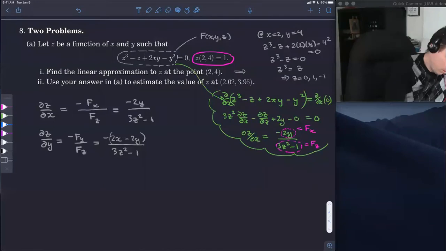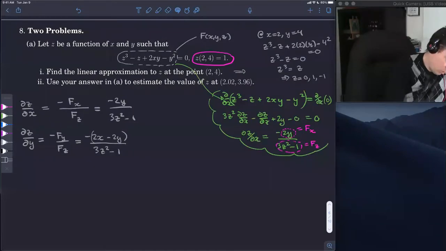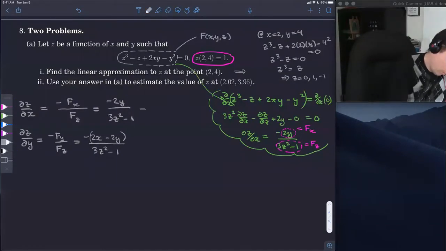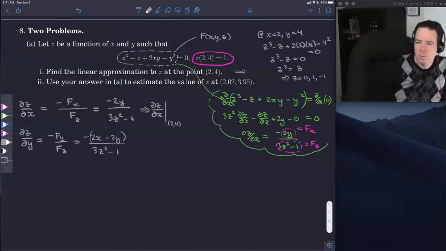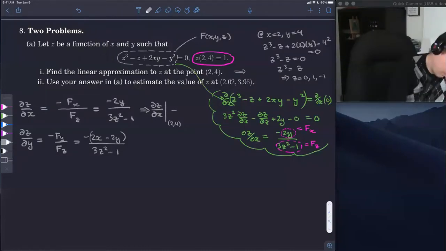Now, what we are interested in is the case of the derivatives at 2, 4. What are these derivatives at the particular values x equals 2, y equals 4, and z equals 1? So now we can pop these things in. When y is 4, this is negative 8 over 3 times 1 squared minus 1, or in other words negative 8 over 2, or in other words negative 4.